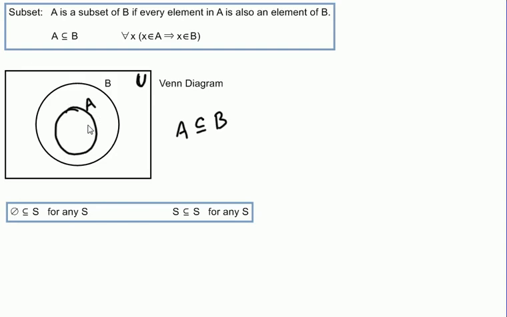Now sometimes when we introduce Venn diagrams, just to make sure we all understand them, we'll put a few dots here. So this particular dot here is an element.